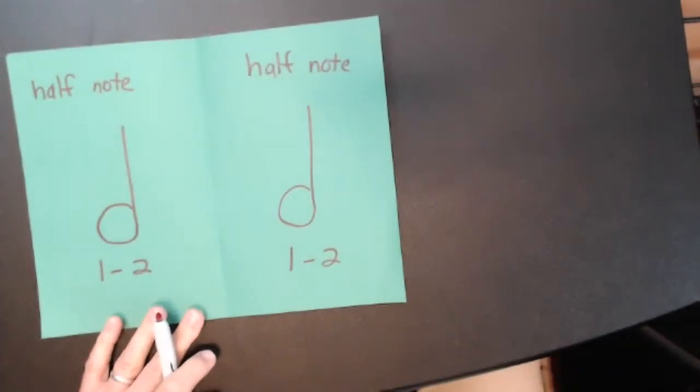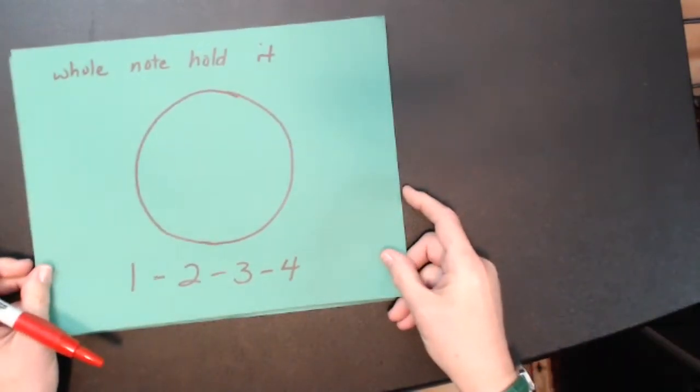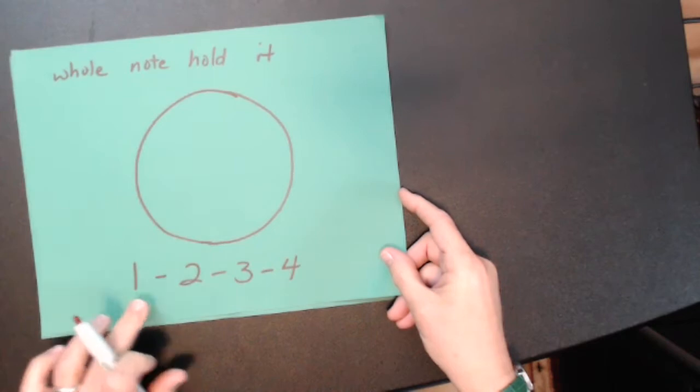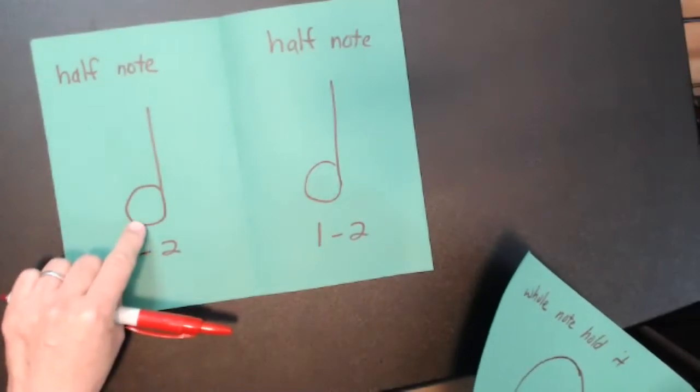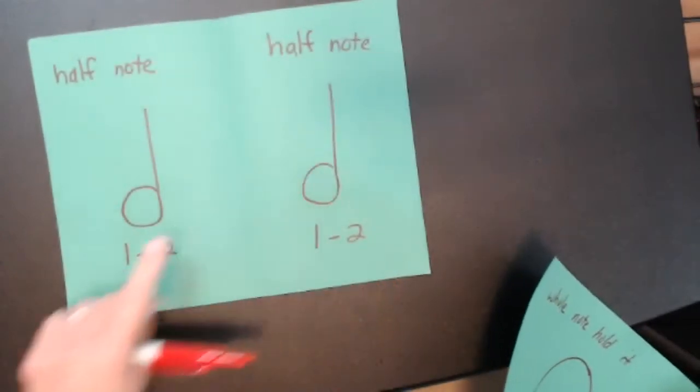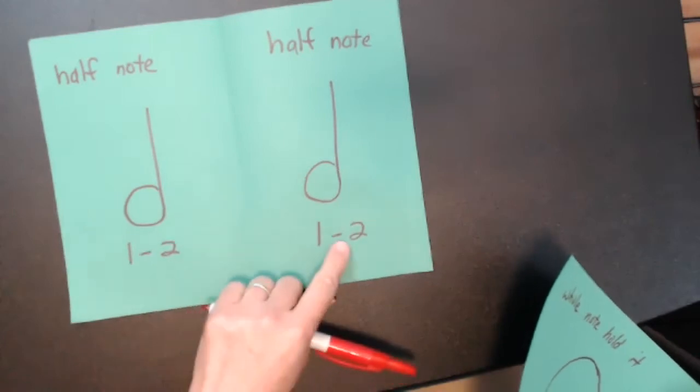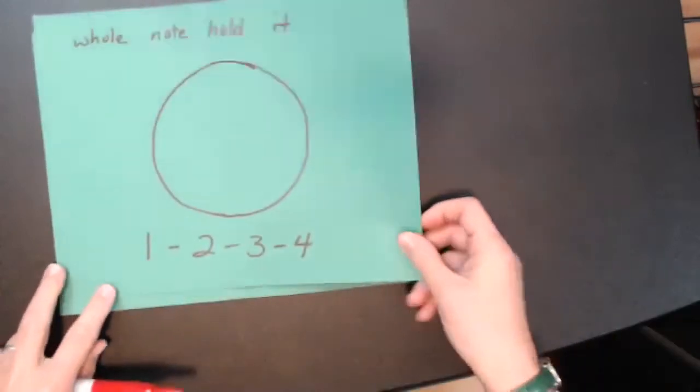So our first paper, we had whole note, hold it, 1, 2, 3, 4. And then on this paper, we have half note, 1, 2, 1, 2.